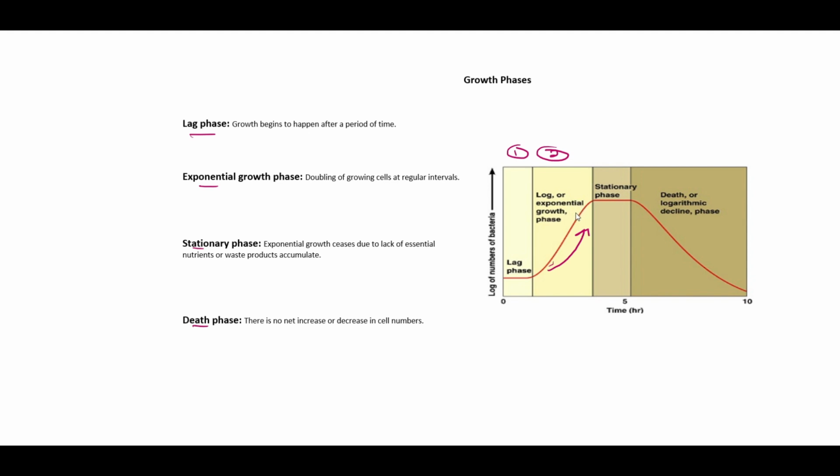Next, we have the stationary phase. It's after the exponential growth phase, when growth ceases due to the lack of essential nutrients or an increase of accumulated waste product. That's phase 3.